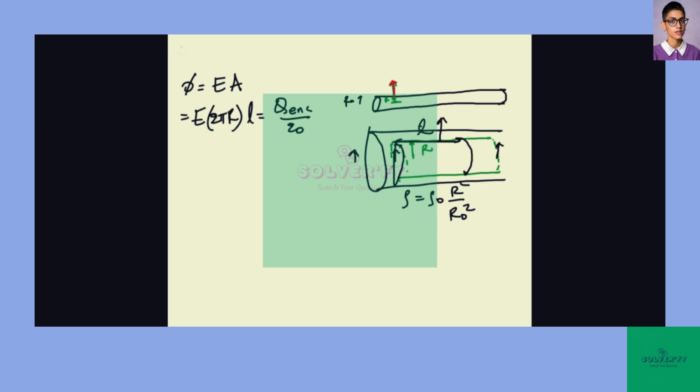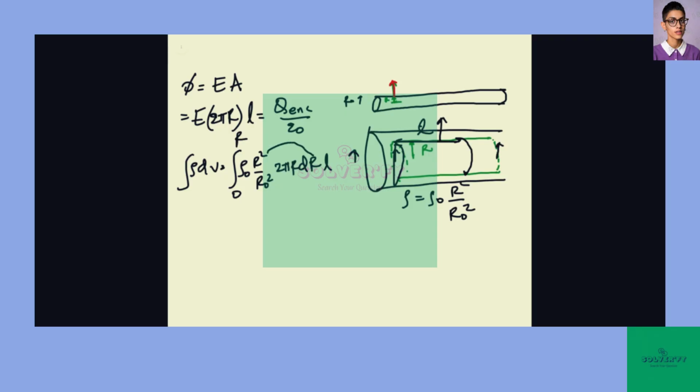The charge enclosed will simply be integral rho dV. We integrate this using cylindrical coordinates, and we know that rho is rho naught r squared by r naught squared. We write dV as 2 pi r dr into L. This integral we carry on from 0 to r.